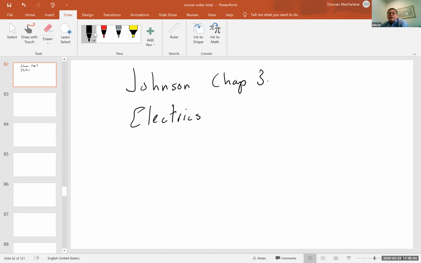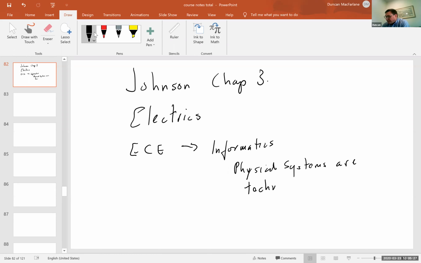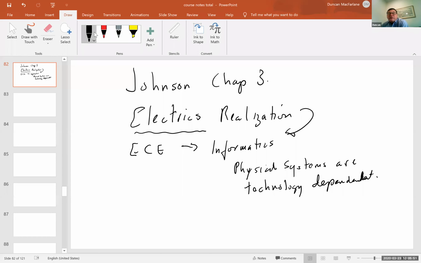If we remember that everything in ECE is about informatics, and the physical systems are technology dependent, then what we're going to be looking at today is the electrics realization of the manipulation of information.